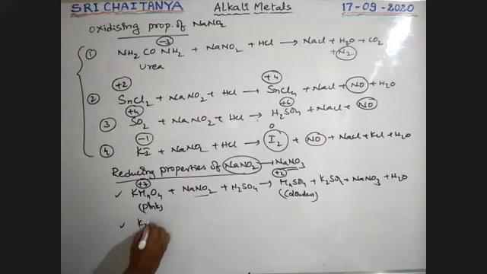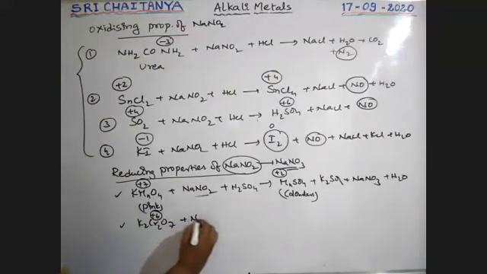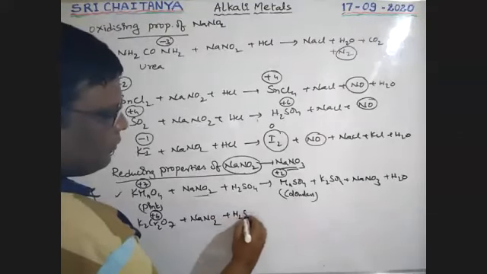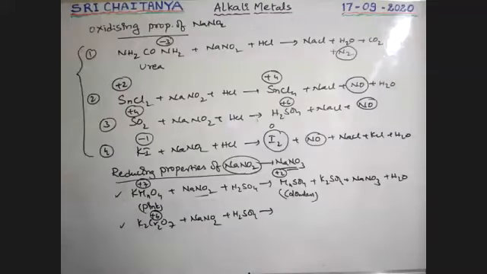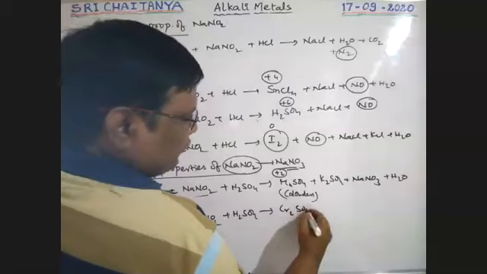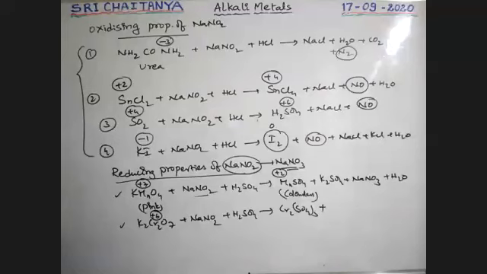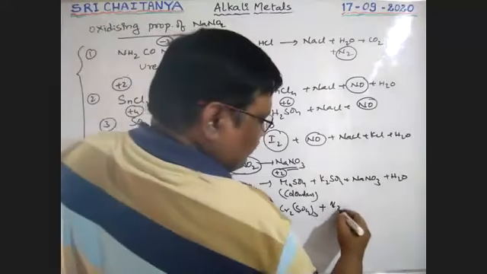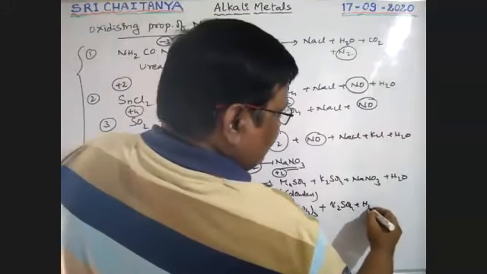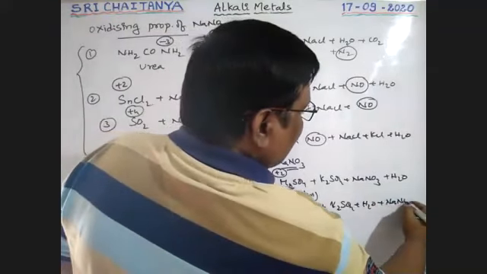Next, K2Cr2O7, where chromium is in the +6 oxidation state. It reacts with NaNO2 plus H2SO4 and gives Cr2(SO4)3, plus K2SO4, H2O and NaNO3.